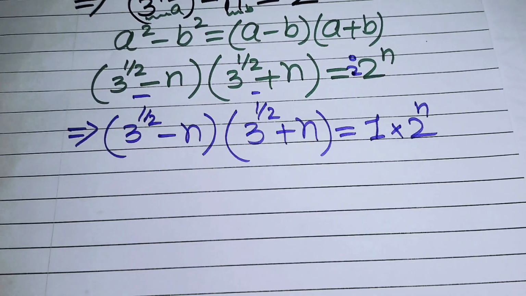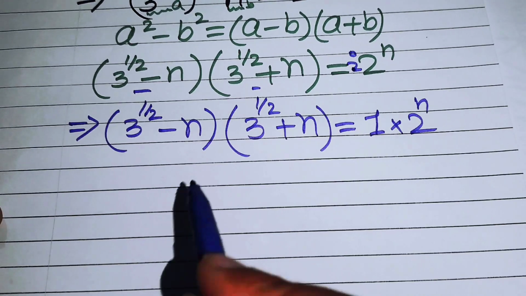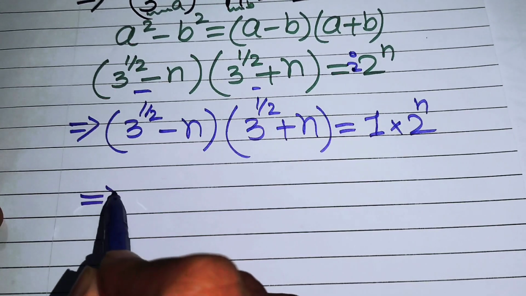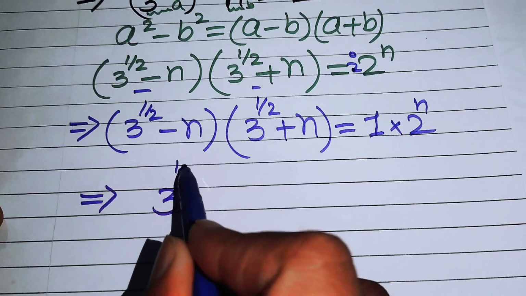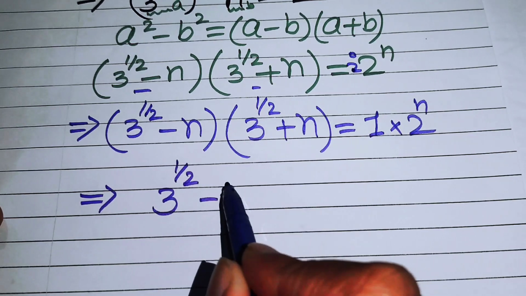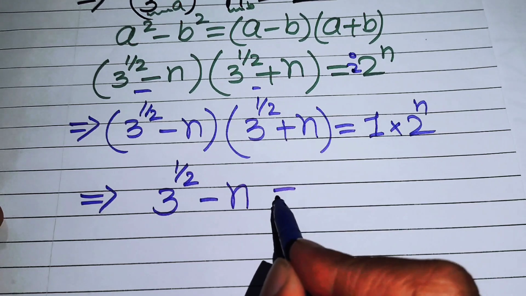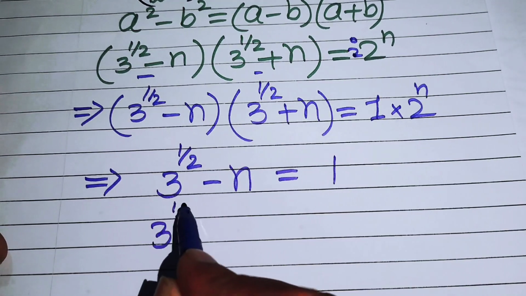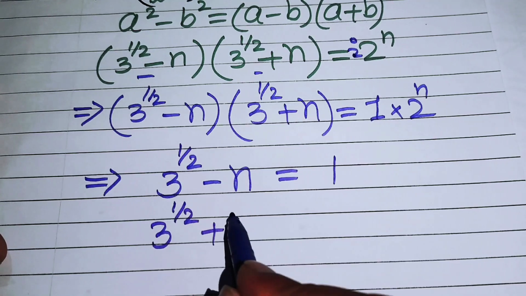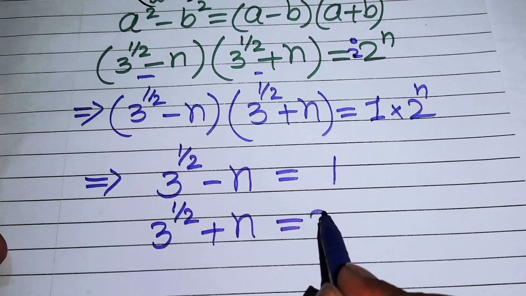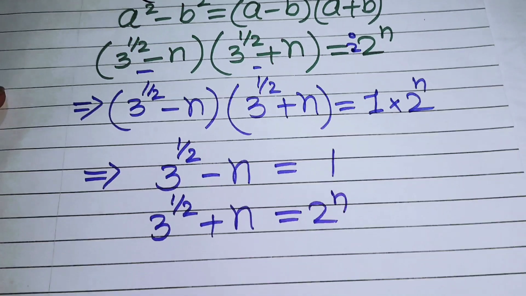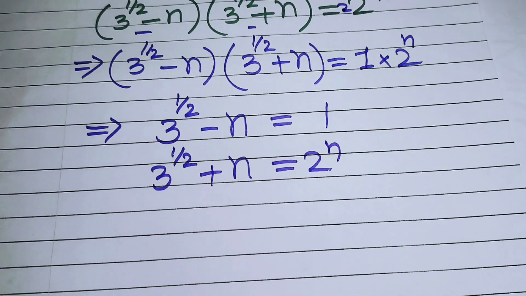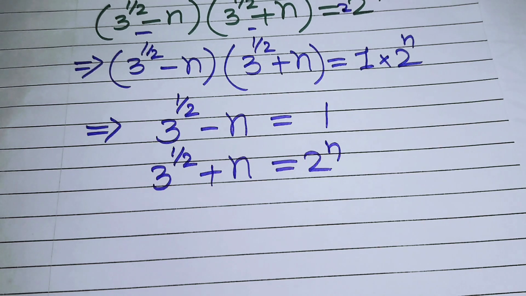And now we compare both of the sides, and we will get its output in this form: 3 to the power of 1 over 2 minus n equals 1, and the other factor is 3 to the power of 1 over 2 plus n equals 2 to the power of n. So now we compare the factors and we get its output in this form.